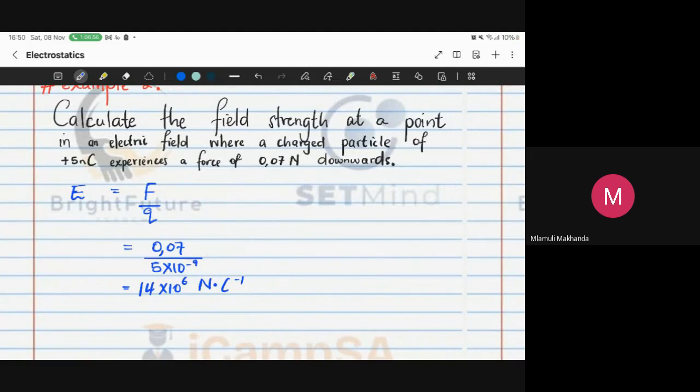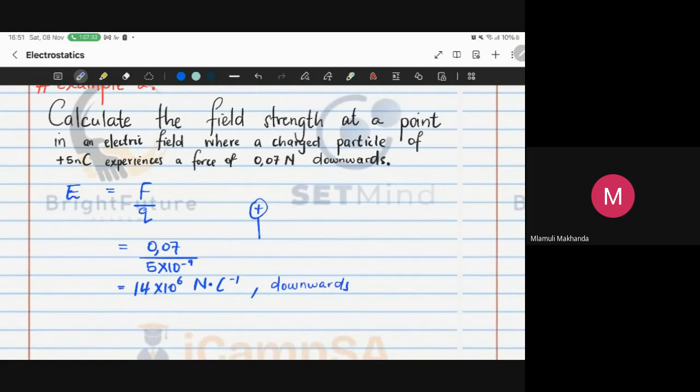But then you have to decide the direction of the electric field at that particular point. Unfortunately, in this case, we're not told whether it is a positive electric field or a negative electric field. But we can say if the force is downwards, it means likely the electric field is also downwards. The reason is, let's assume whatever was generating the electric field is a positively charged particle, right?